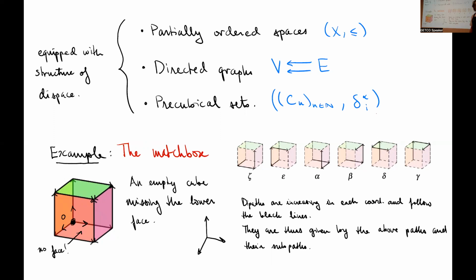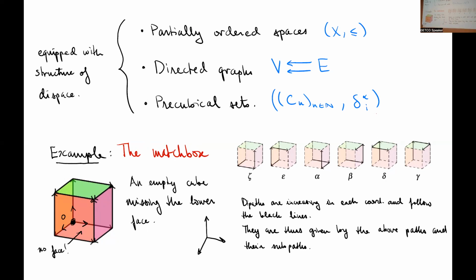I believe Fahrenberg's matchbox, actually. And it's just an empty cube where we've taken out the lower face. And here we have 6 maximal directed paths, which I've listed here because we're going to use this as a running example throughout the talk.